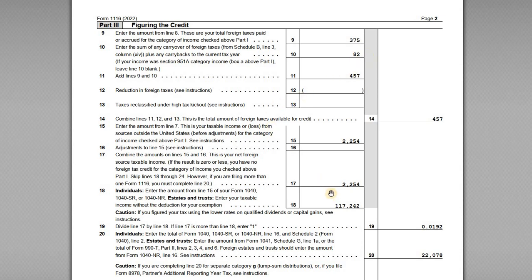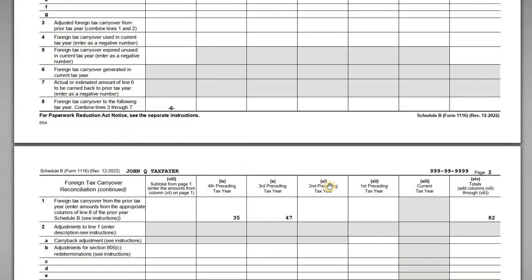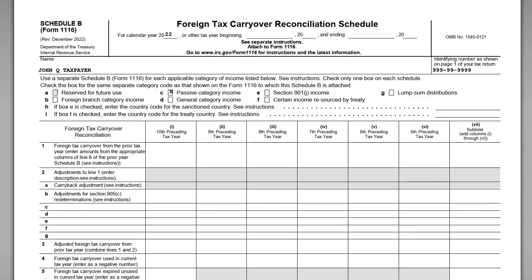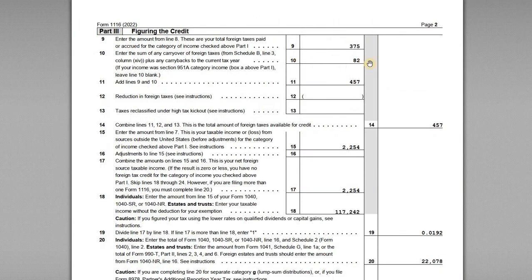So if we look back at Schedule B, the total amount of taxes that he has carrying forward, 35 and 47, $82. So $82 is what's reported here on line 10. And so when we combine the two amounts, the total amount that we have available for credit in the current year is going to be this aggregate, $457.